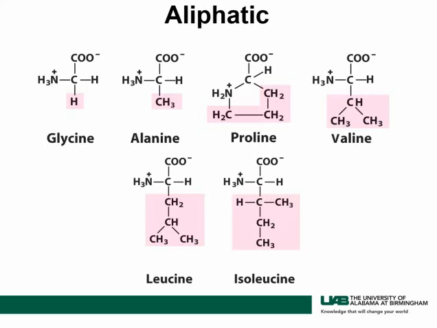Let's look at the aliphatic. Look at the R groups. Aliphatic, this is glycine, R group is hydrogen, and then you have alanine, CH3, you have proline, even though it's a ring, it's in a ring structure, you have this hydrocarbon, CH2, CH2, right here. Again, valine, hydrocarbon, aliphatic, leucine, hydrocarbon, aliphatic, isoleucine, hydrocarbon, aliphatic.